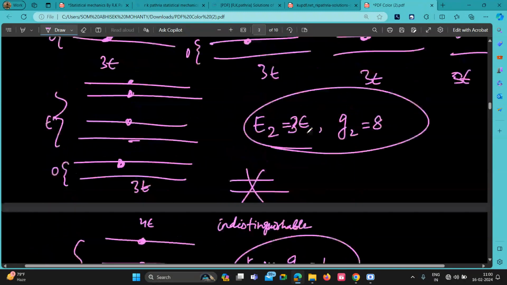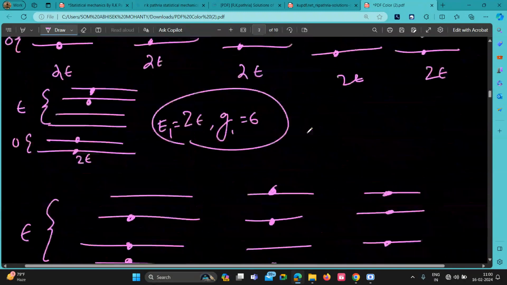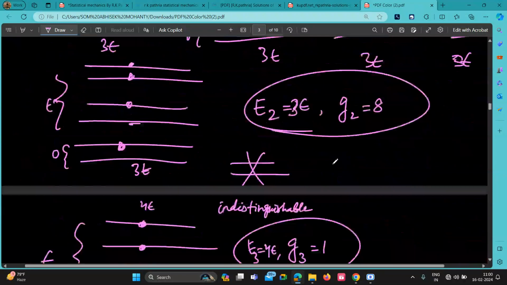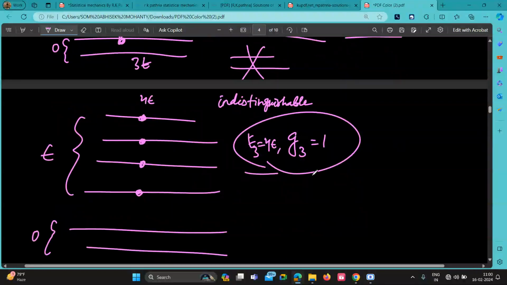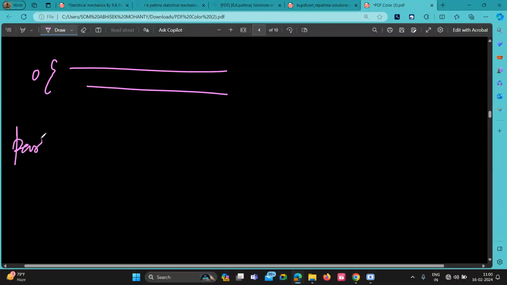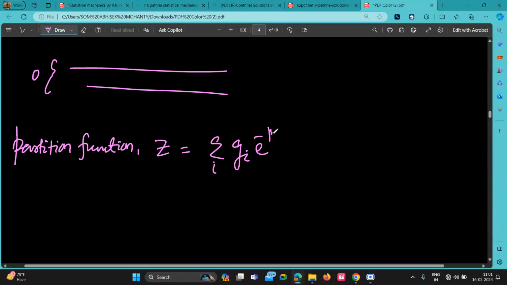Okay, so we have 3 energy levels. The first one is 2 epsilon, whose degeneracy is 6. The second is 3 epsilon, whose degeneracy is 8, and the third one is 4 epsilon, whose degeneracy is 1. So if we calculate the partition function, Z is equal to summation over i of g_i e to the minus beta E_i. Let me write it first.